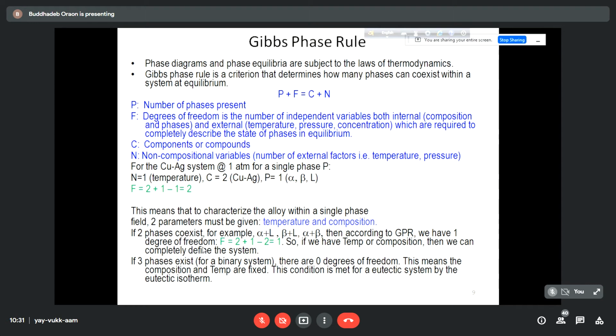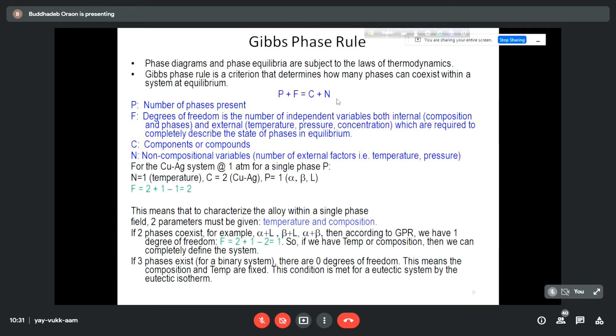Say another example, the same example, but we are changing the phases. If we take P equals 2, that means we are considering a region where solid and liquid both are there, a mixture, alpha plus L or beta plus L, or maybe alpha plus beta, a two-phase region. That means P becomes 2.